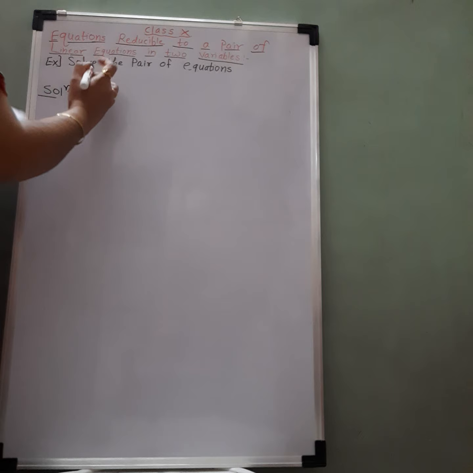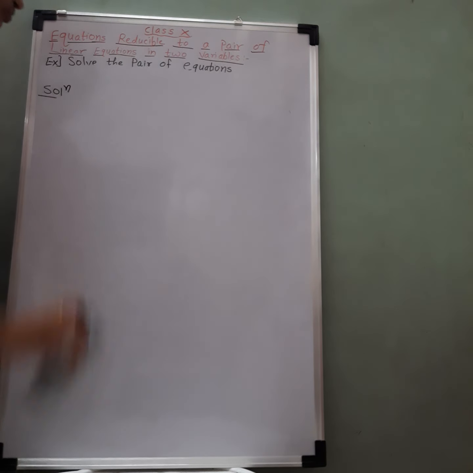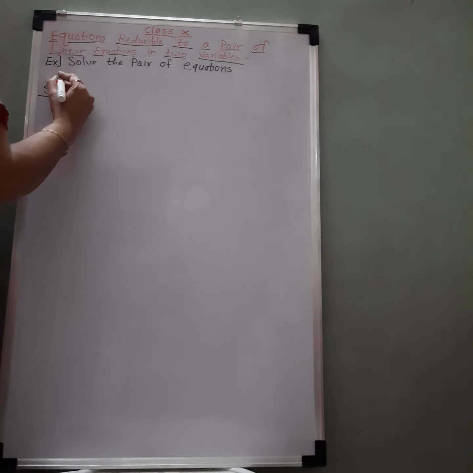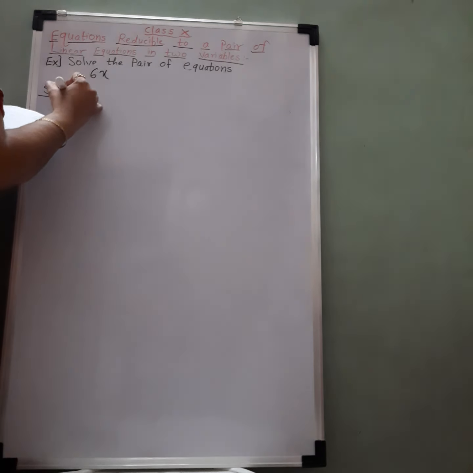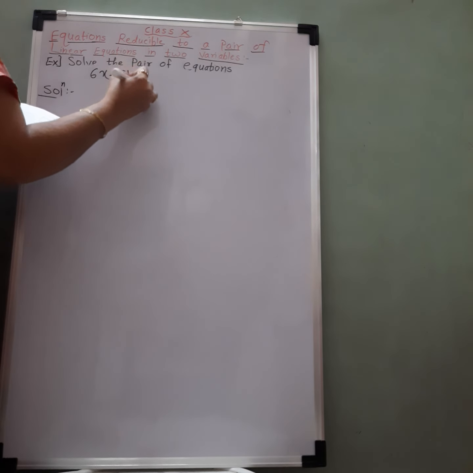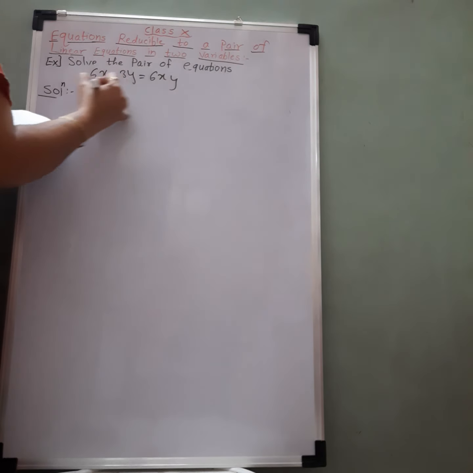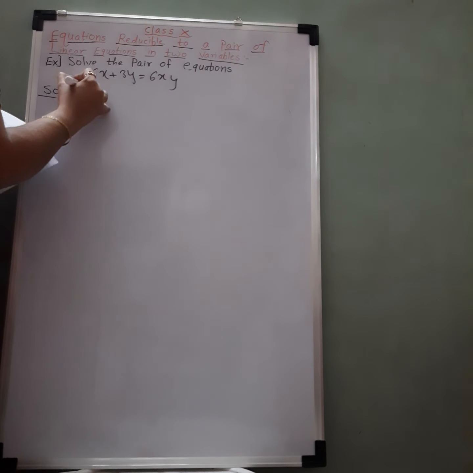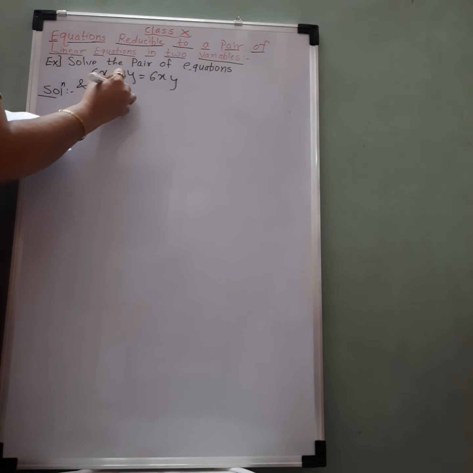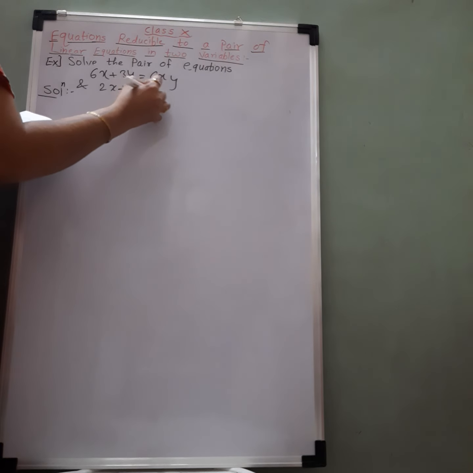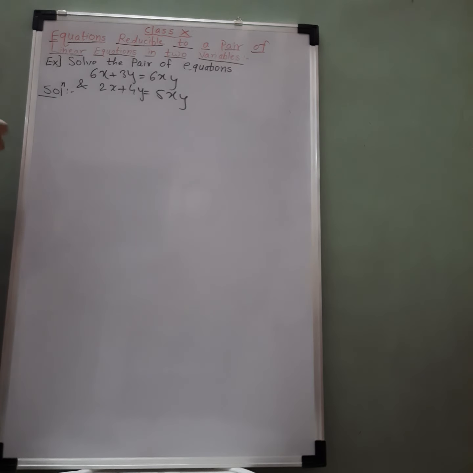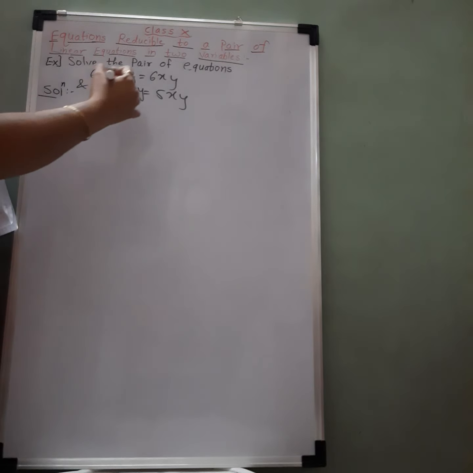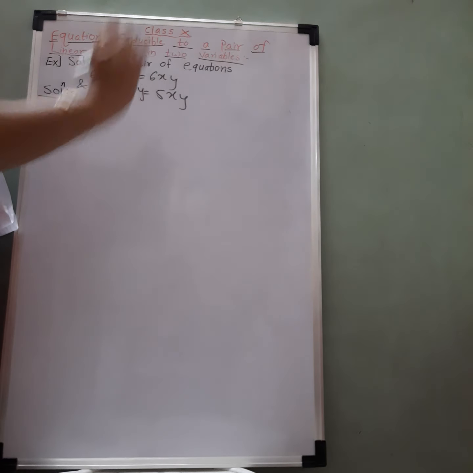Next question is 6x plus 3y equal to 6xy, and 2x plus 4y equal to 5xy. Now this question is same as the previous question, but in this case xy is in the RHS.